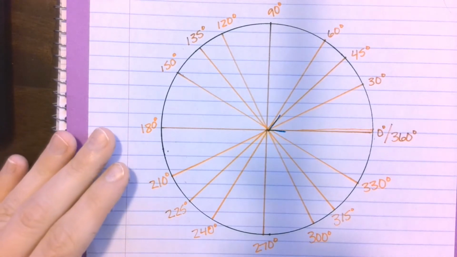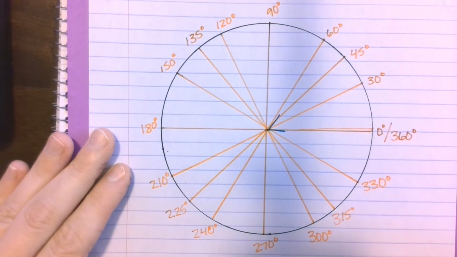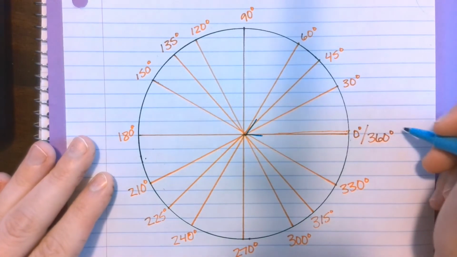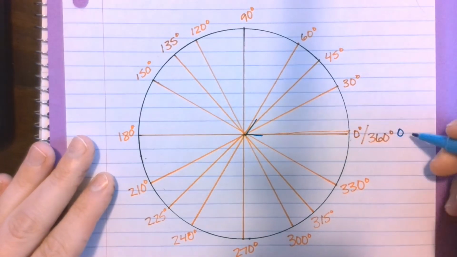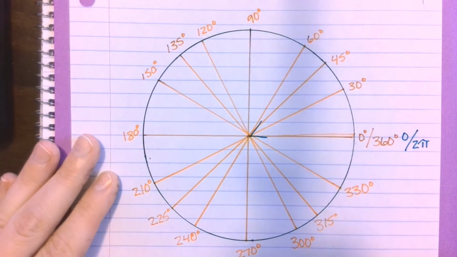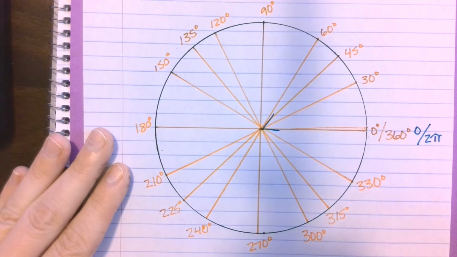Something that you may remember from Honors Algebra 3 is that radians use pi a lot, and the fact that a whole circle is still going to be 0 radians, just like it was 0 degrees, but it also is going to be 2 pi in radians. And that's what makes radians a lot more useful in areas than degrees, because we can use pi and that makes them easier to use, a little bit more versatile.